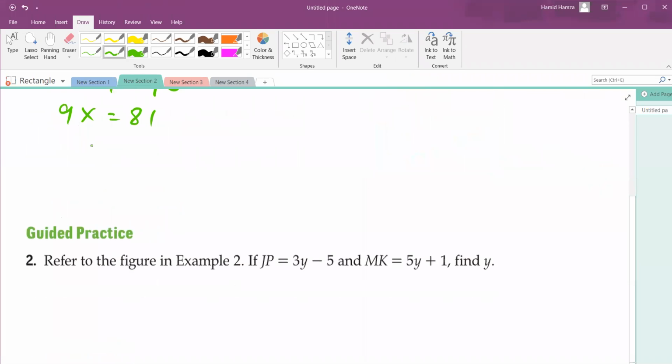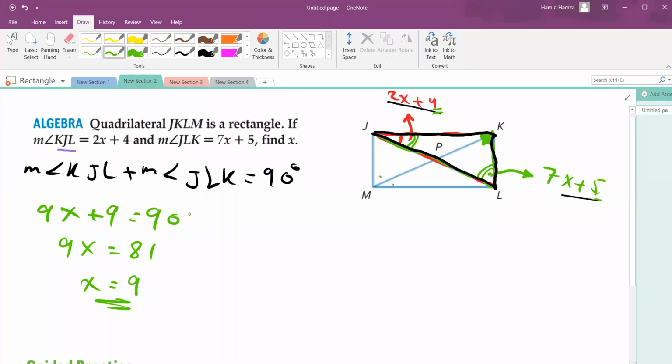Divide by 9, so x equals 9. This is the answer. Be aware of creating a relation between the given information. You should try to find a relation between the givens to solve the question.